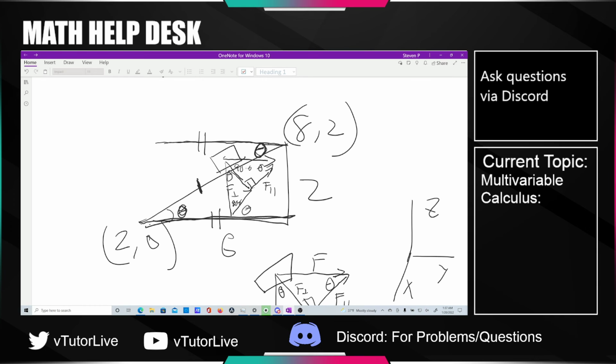So the slope and F parallel are parallel by definition, by construction. And the force, which is perfectly horizontal, is also parallel to the ground and to the imaginary line.